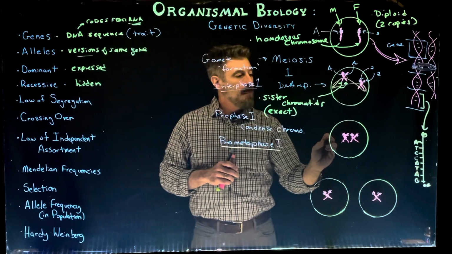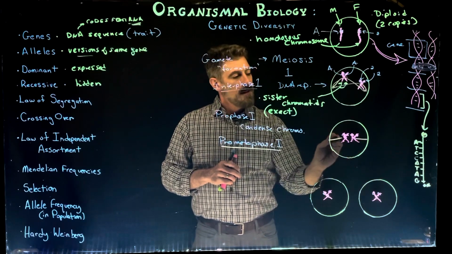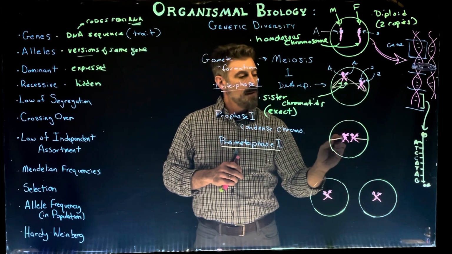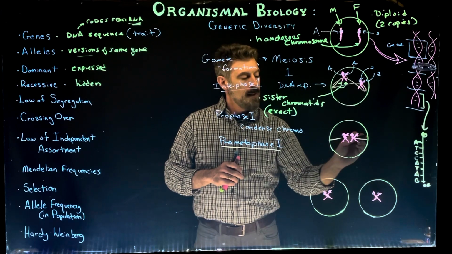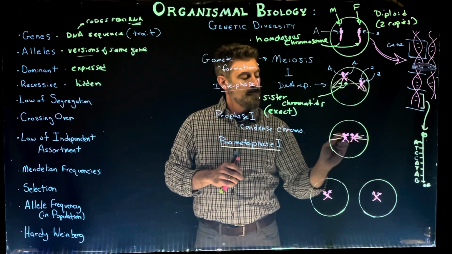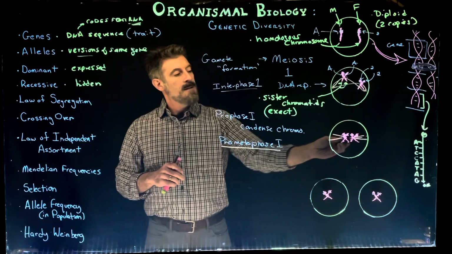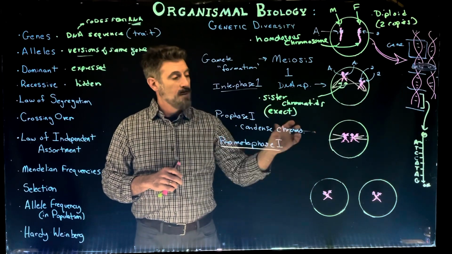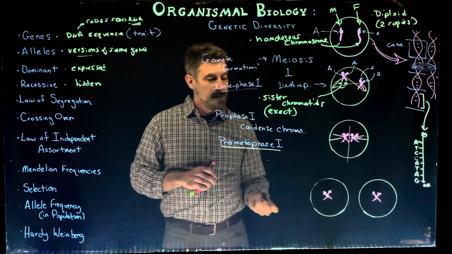And what's going to happen is that the tubules are going to pull, and these homologous chromosomes are going to be lined up in the middle of the cell.